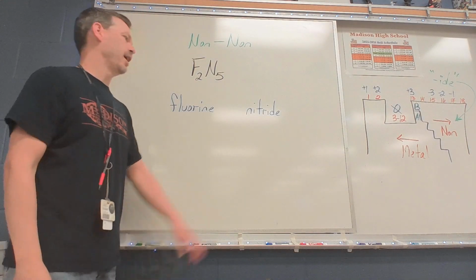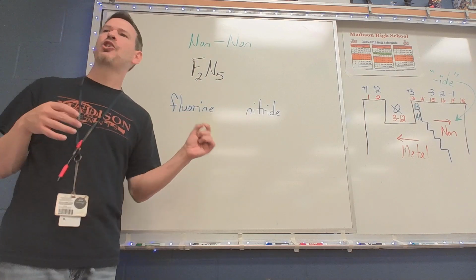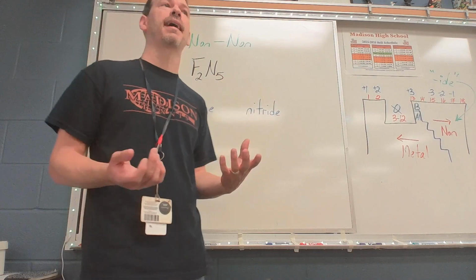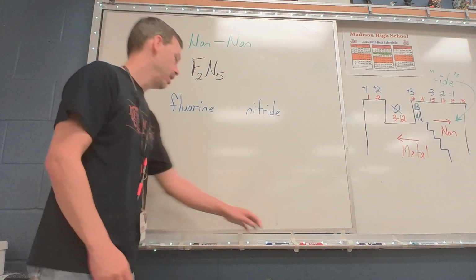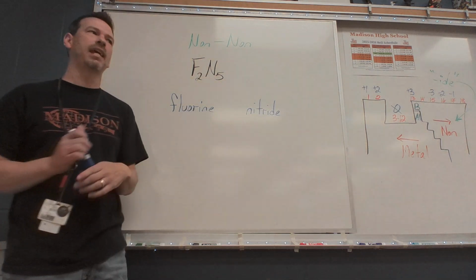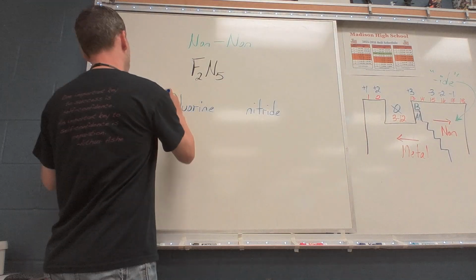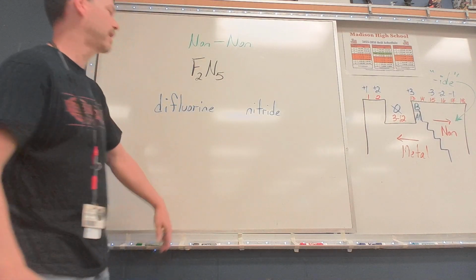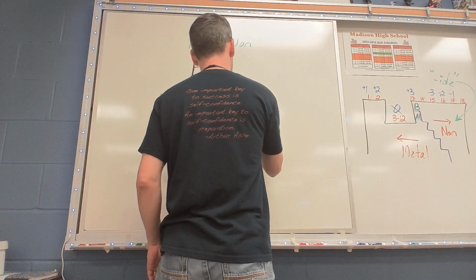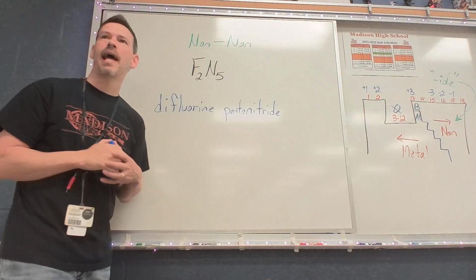It's referring to the second word, but anytime we deal with an ide showing up, it's going to be referring to a non-metal in some context. So the F is fluorine, the N is nitride because it was the second word, and then I just apply the prefixes. The prefix for 2 is di from the opening slide. The prefix for 5 is penta. And we now have difluorine pentanitride as the name.